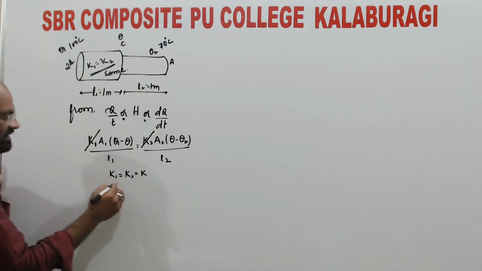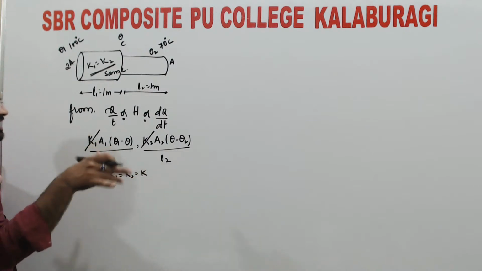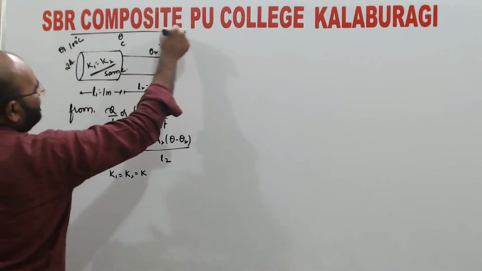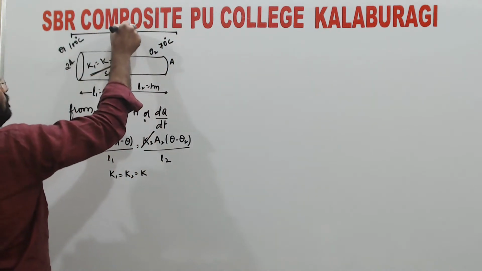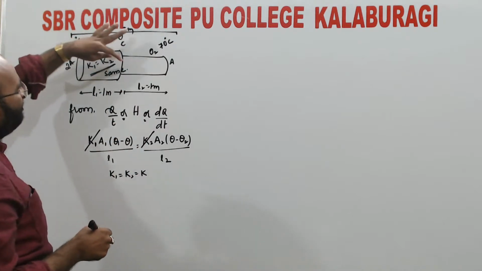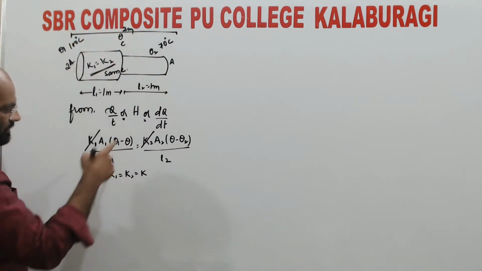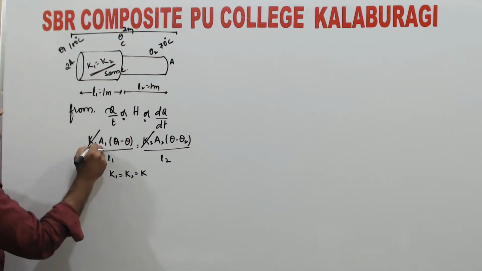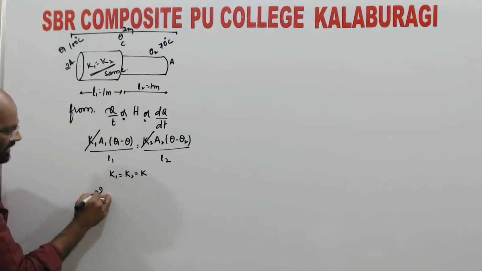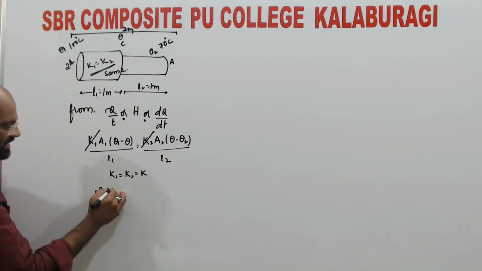Then the length: total 2 meter is given, divided equally for both ends, so 1 meter each, and the lengths cancel. A1 is 2 times the cross section area.